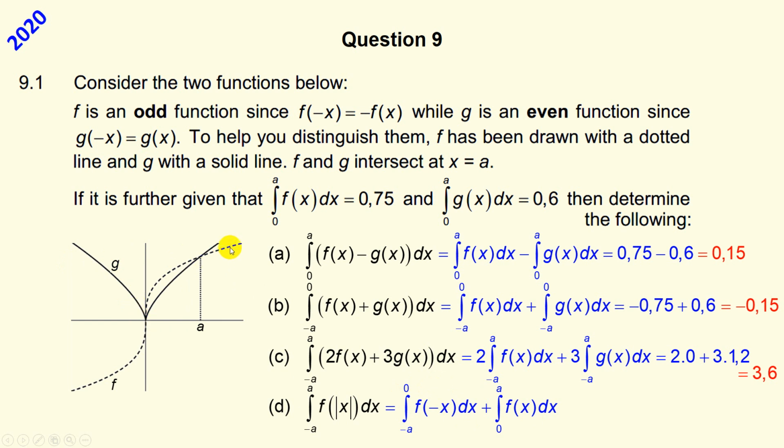It's f of x swung across, symmetrical about the y-axis. So therefore, we're going to take this area under the dotted and we're going to double it. It's on top, so therefore it's positive still. So twice that from 0 to a, twice 0.75, giving us our 1.5.